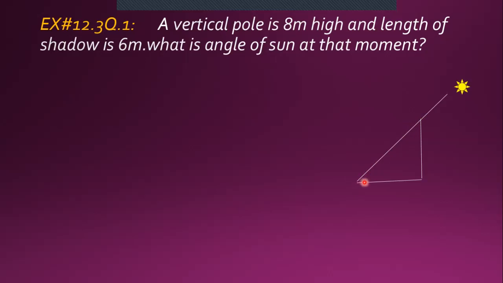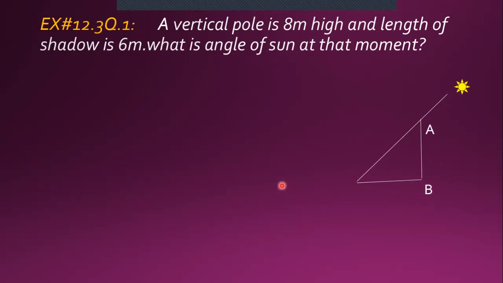You know that the eye level is taken as horizontal level. When the sun rays strike the object, then this object is seen to us and the ray reaches to our eye. So in this way, this angle would be the angle of sun at that moment when the pole is 8-meter high and its shadow is 6-meter long.